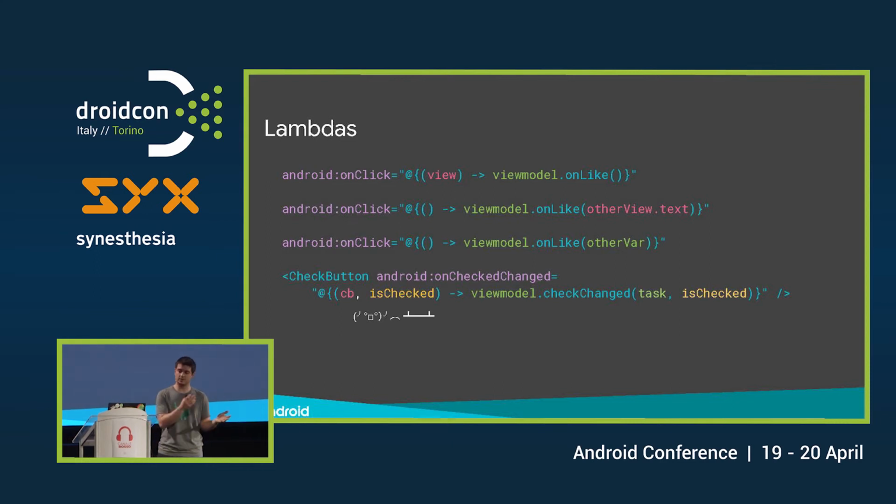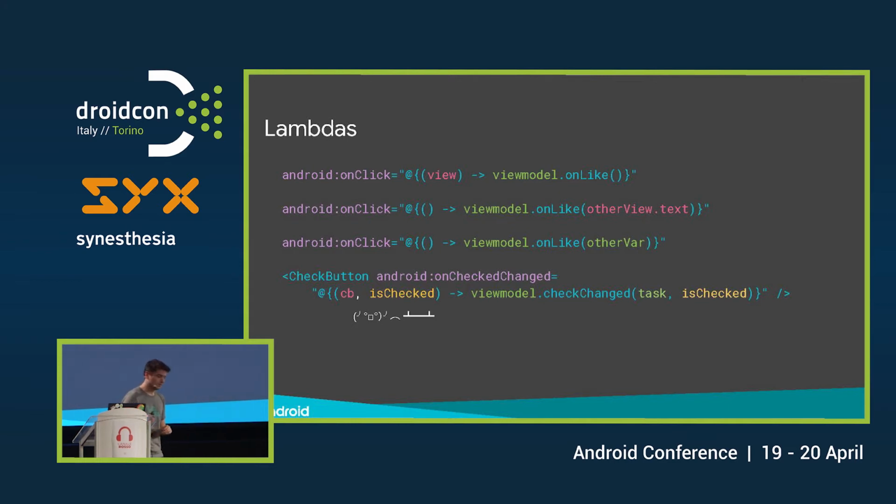If you're not going to use the parameters in your lambda, you can just not write them. In Kotlin, you would use underscores, etc. In this second example, we are calling the onLike method, and we are passing the text attribute of another view. Remember when I told you that the first feature wasn't really a feature, it was a byproduct of another feature? I think that's where this comes from.